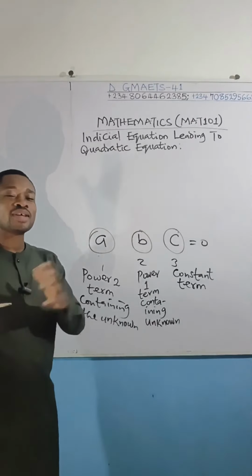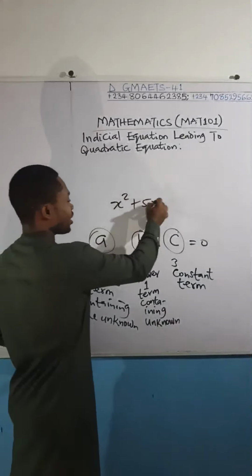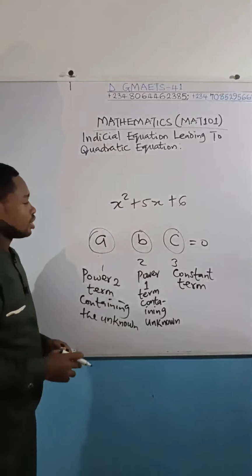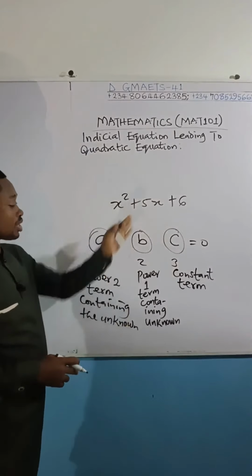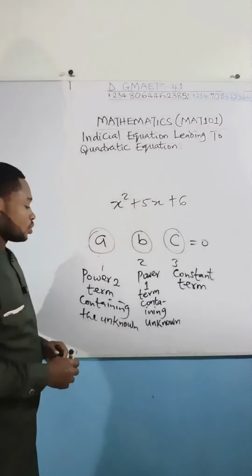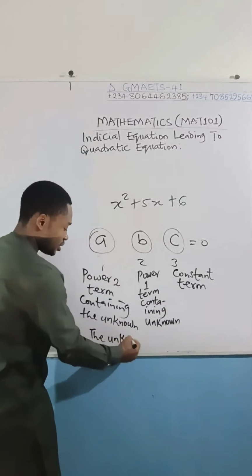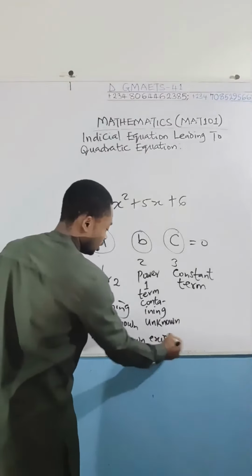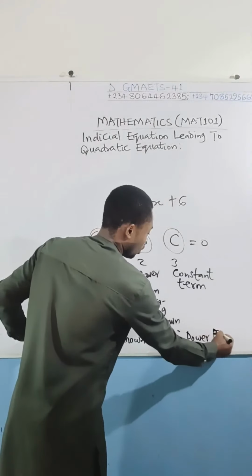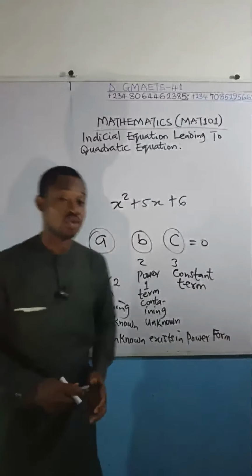But the unknown is not as simple as the type you used to see. Maybe if I give you a normal quadratic equation as, okay, x squared plus 5x plus 6, it will not really come in this form generally. Because when dealing with indicial equation that leads to quadratic equation, the unknown usually appears as a power. You want to take note: the unknown exists in power form. This is one thing you should take note of when dealing with indicial equation leading to quadratic equation.